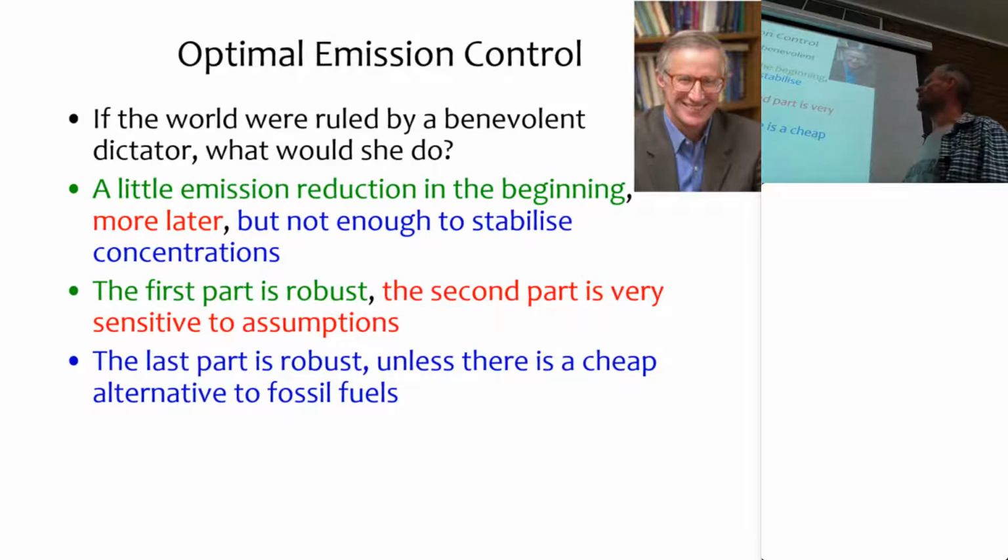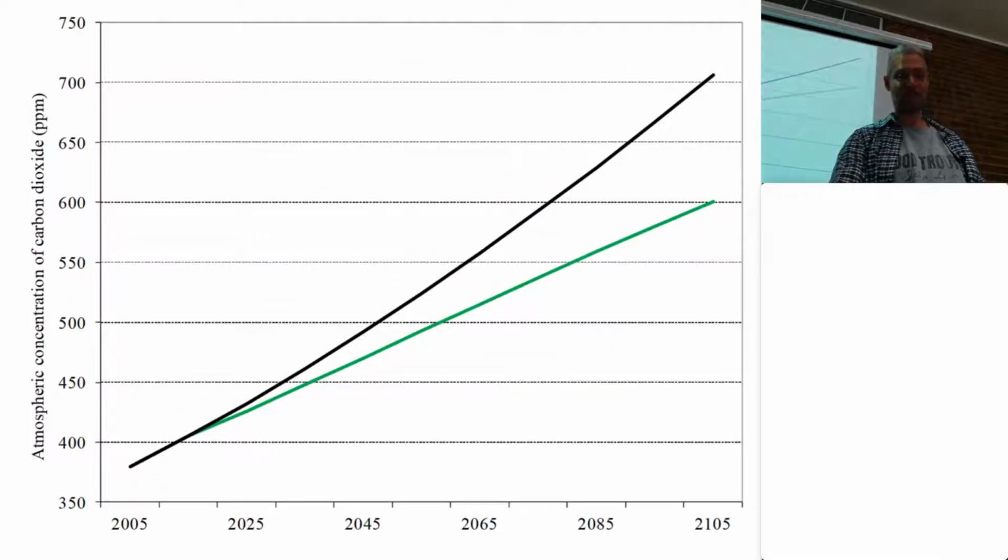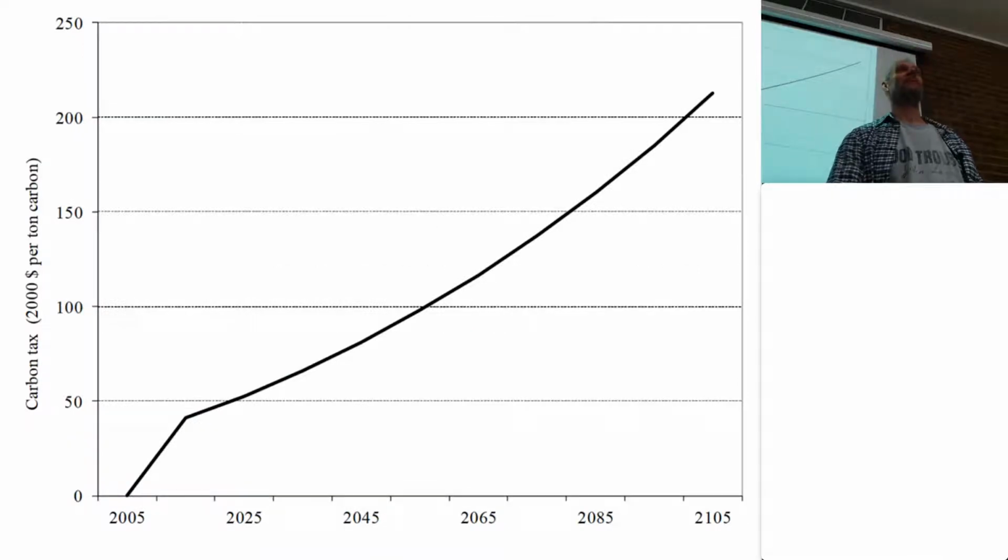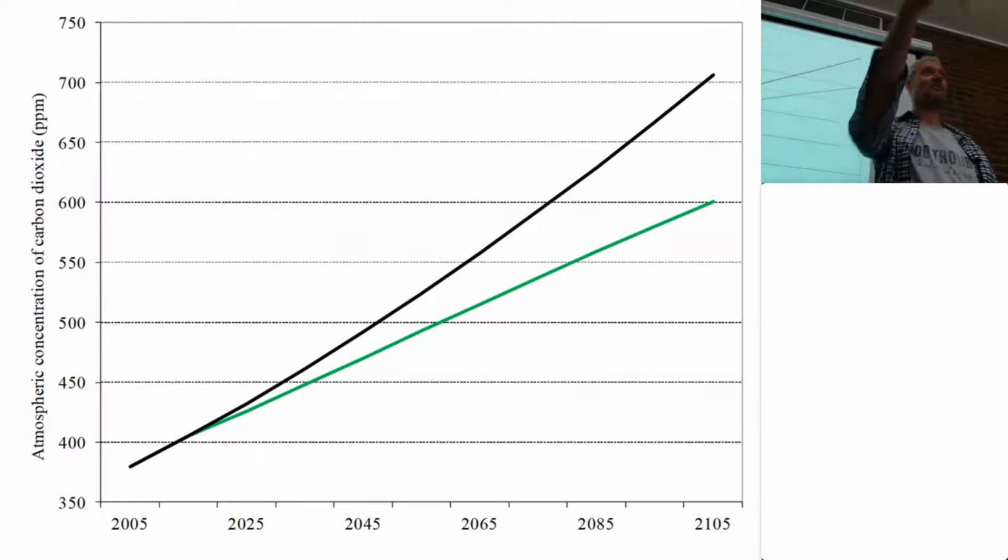The second part of the conclusions, how fast the carbon tax should go up, greatly depends on all sorts of things. It depends on your discount rate, it depends on the decay rate of CO2 in the atmosphere, it depends on your scenario, how fast do emissions accelerate. It also depends on what you expect about future relative prices of renewables relative to fossil fuels.